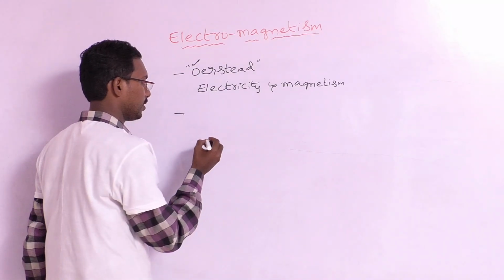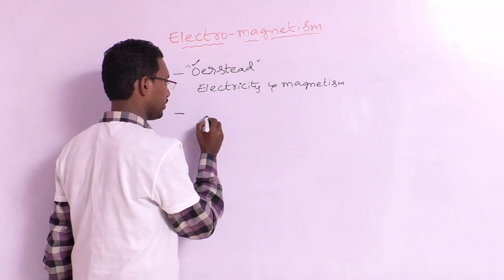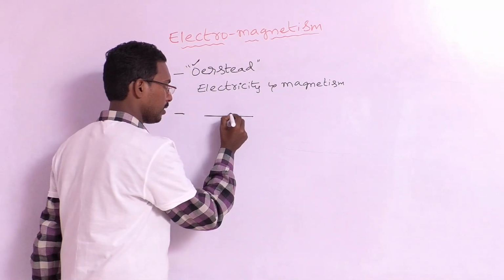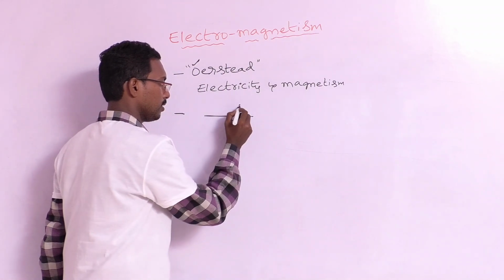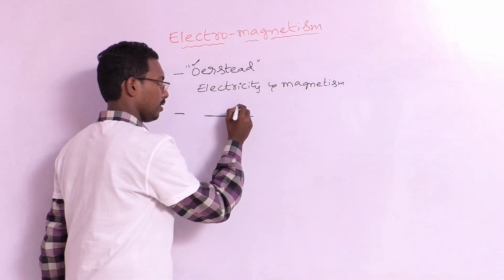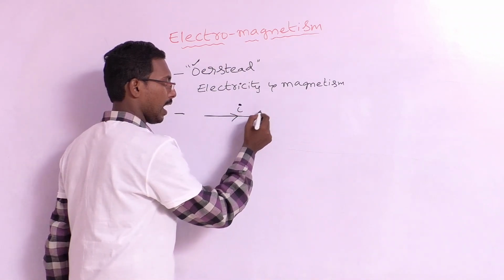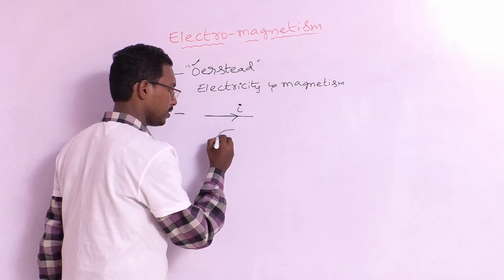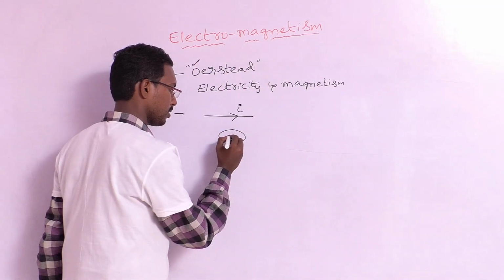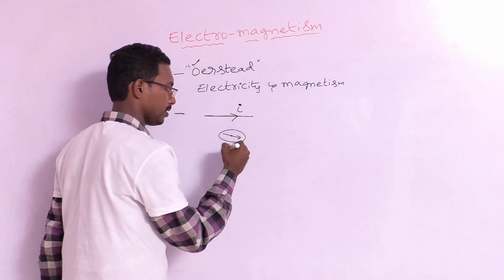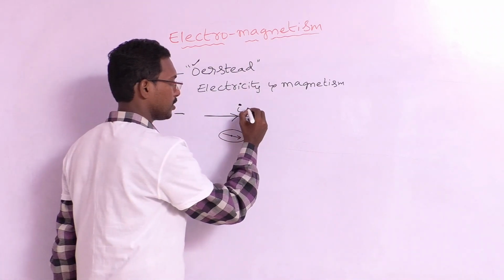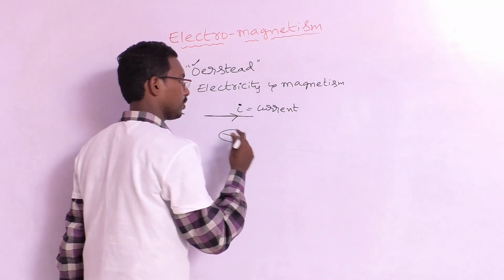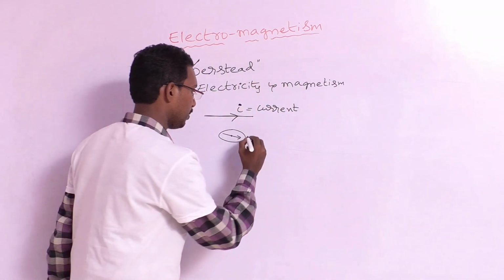In this experiment, whenever there is a passage, let us suppose this is a conductor, some amount of current is passing. An ammeter only shows deflection for current, but surprisingly, he found that a magnetic compass is deflected whenever there is a passage of electric current.